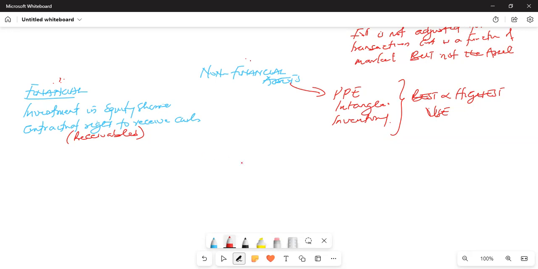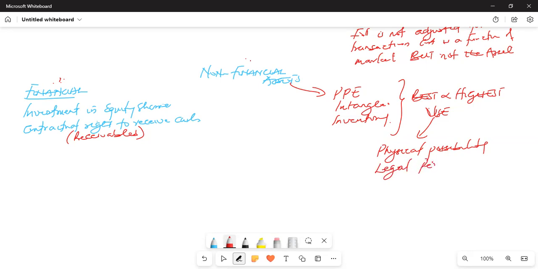And in that one, you analyze them. Your best use of the asset is analyzed into the physical possibility: how strong is the asset to be used? Then you come to the legal permissibility: is it allowed?